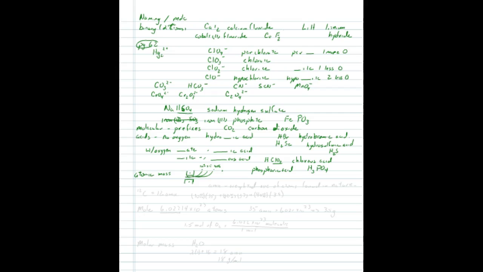So the AMU, or atomic mass unit, is the weighted average of the natural mix of atoms in nature. So it's a weighted average of the atoms in a sample found in nature.